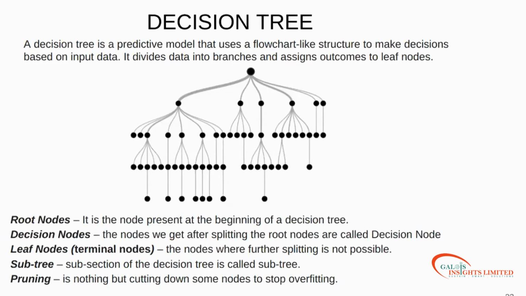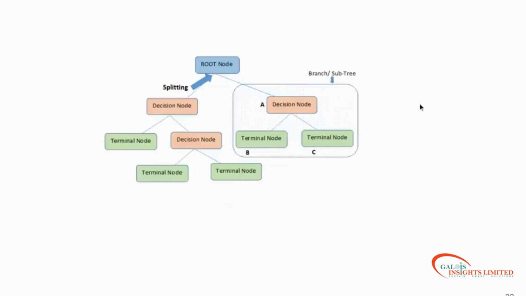Some important terminologies to take note of. The root node is simply the node present at the beginning of the decision tree. The node that we see here is what we call the root node. The decision node is the node that we get by splitting the root node. So if you split the root node, all these particular nodes here are simply called decision nodes.